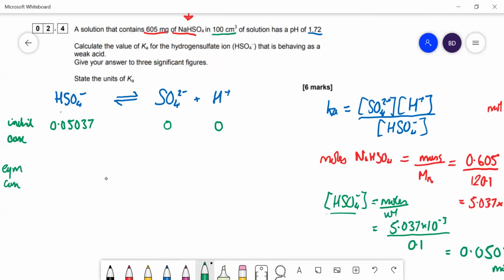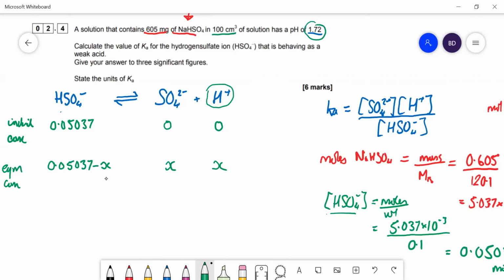Now at equilibrium, the concentration of this has decreased by an amount X. So the concentration of SO4 must be X, and the concentration of H plus must also be X. Now we can work out what X is, because they give us the pH. They tell us it's 1.72.